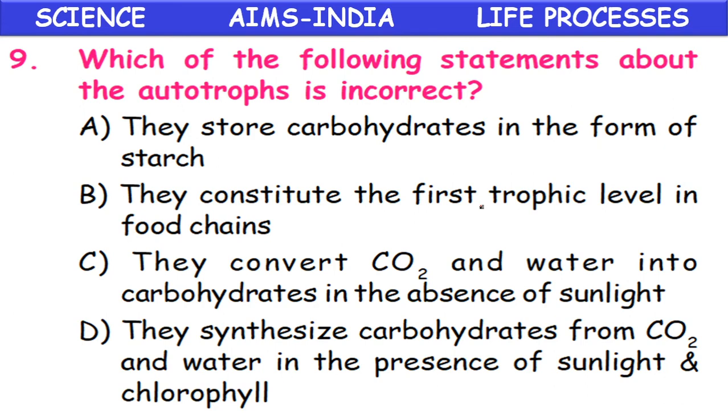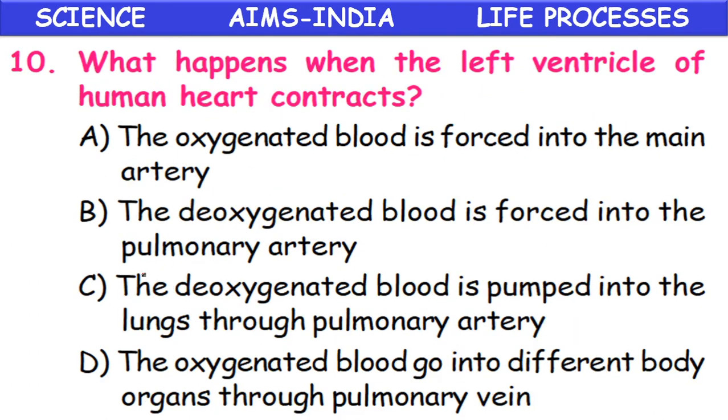They store carbohydrates in the form of starch. They constitute the first trophic level in the food chain. They convert carbon dioxide and water into carbohydrates in the absence of sunlight. They synthesize carbohydrates from carbon dioxide and water in the presence of sunlight and chlorophyll. The third statement is incorrect, since it mentions the absence of sunlight.